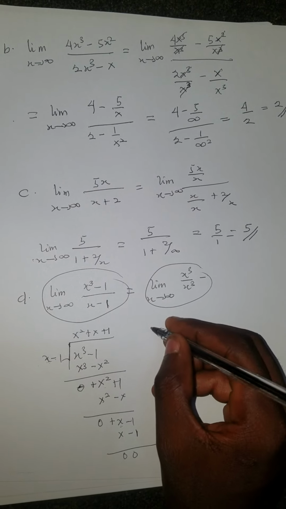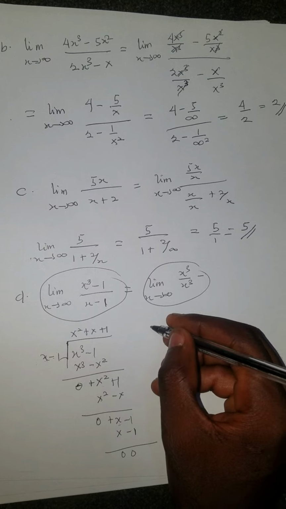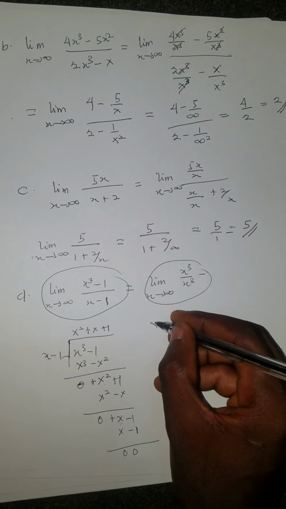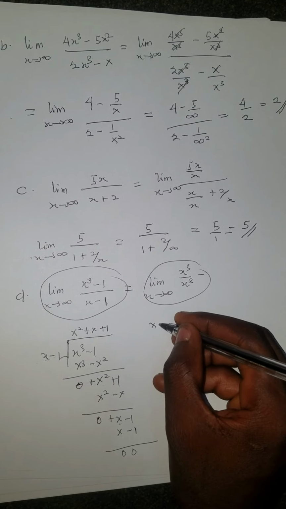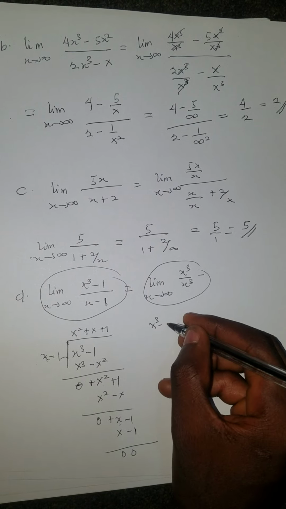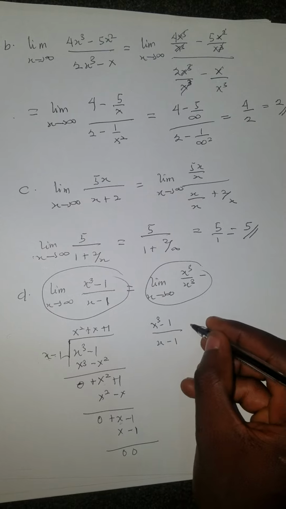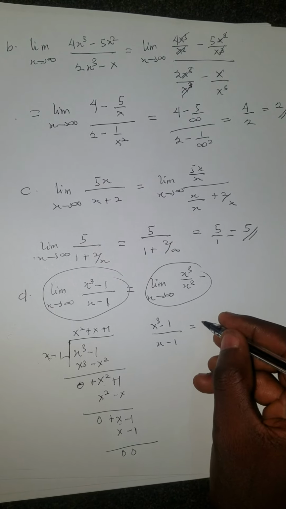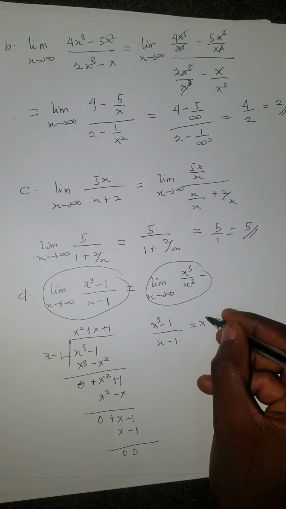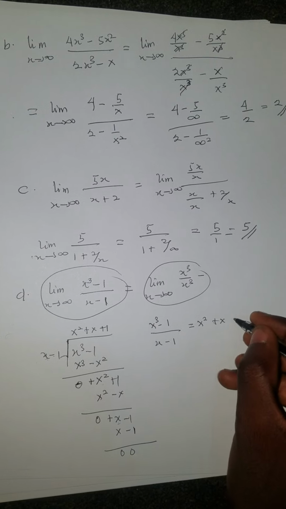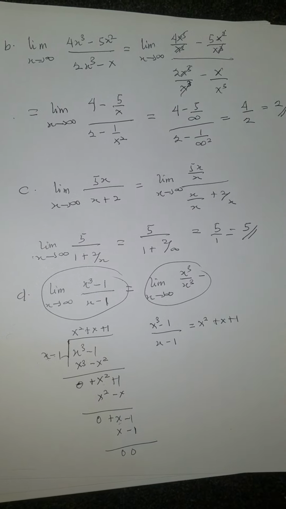So it means that when we divide x cube minus 1 all over x minus 1, we will get x squared plus x plus 1.